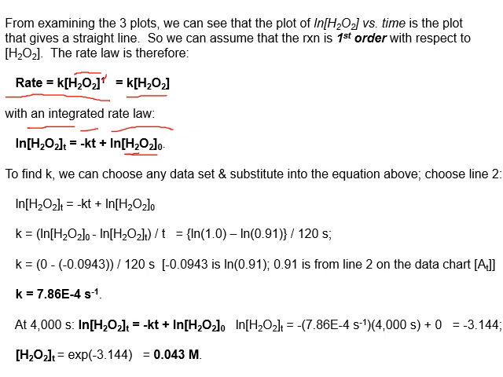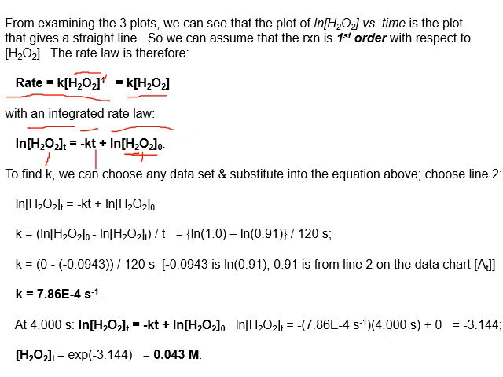What you could do is take, for example, the first line where you're starting at t0, and then find the amount of time that elapses between that and either the second row or the third row or whatever row you choose, and then see what happens to the concentrations. Then just substitute in the values. This would be the first concentration in the line above, and this would be the second concentration. And then the time would be the time that's elapsed between those two lines, and just substitute those in.